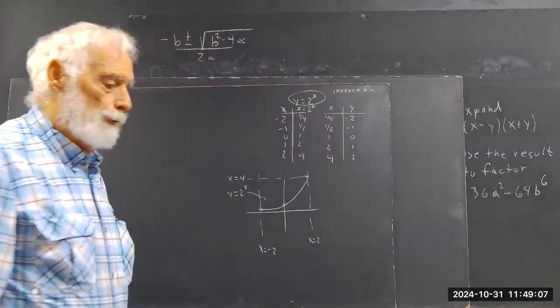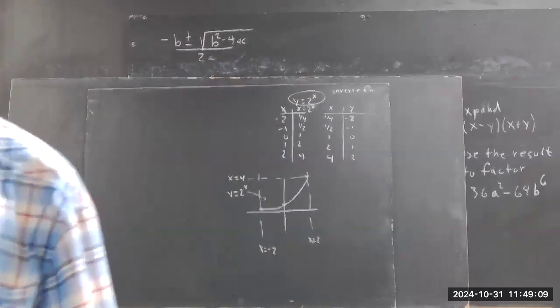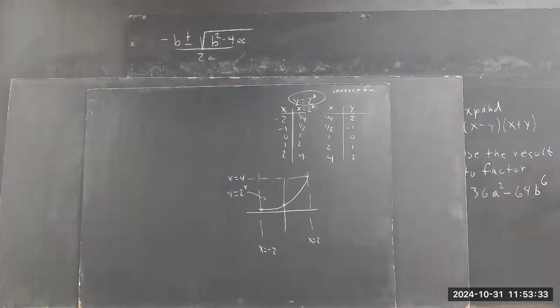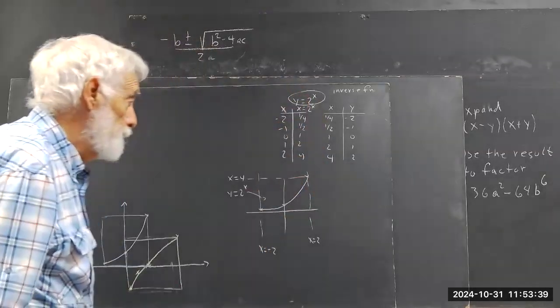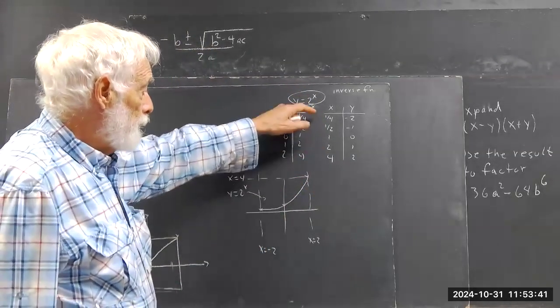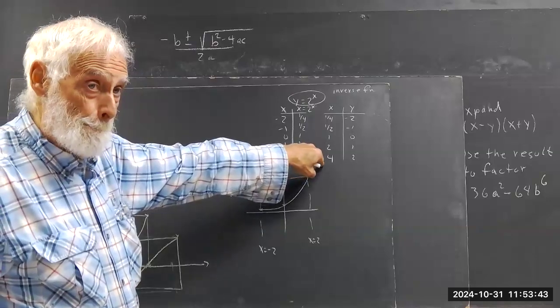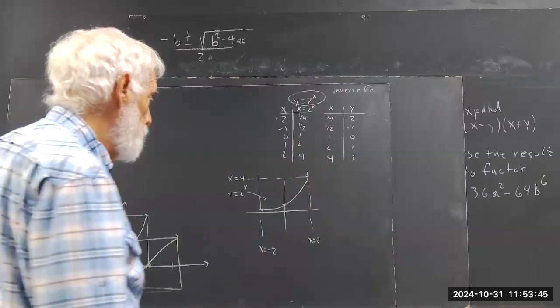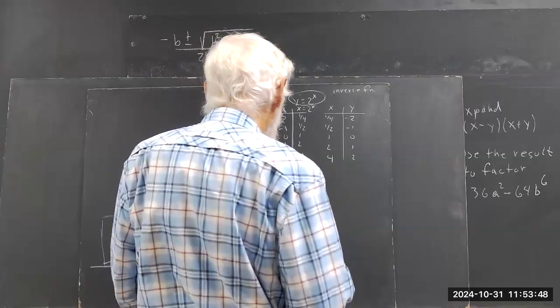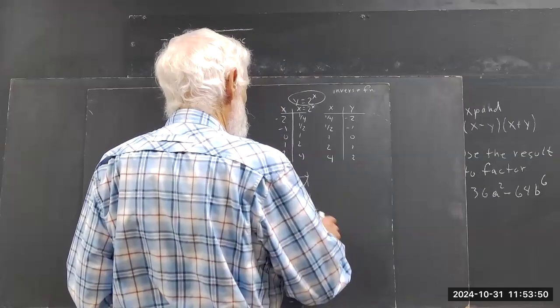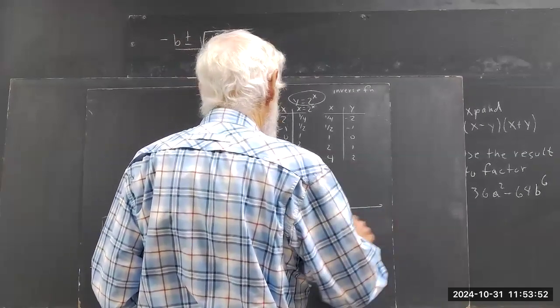Okay, sketch me a quick graph of that. Now, if I'm trying to draw the points on this graph, I see that x goes out to 4, right? So I better have a line for x equals 4. So that means I'm going to have to extend out here.